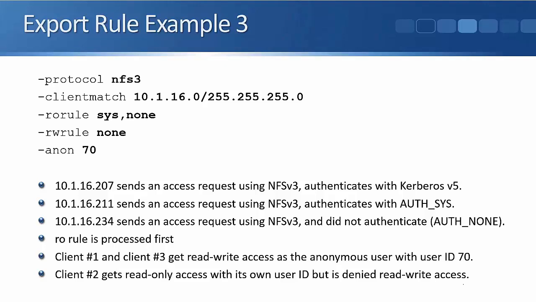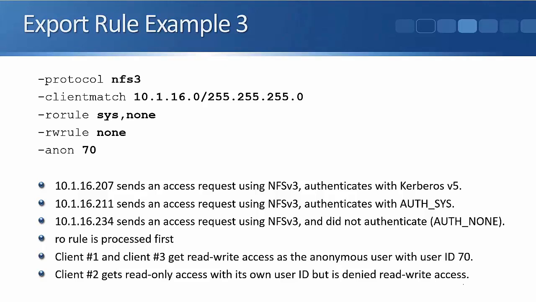Next up, we evaluate the read-write rule, which says none. Now remember, in the last example it said any, so any client that managed to get past the read-only rule would get read-write access with the user ID that it had after the read-only rule. Here we've said read-write rule of none, and this is only evaluated against clients that already passed the read-only rule.